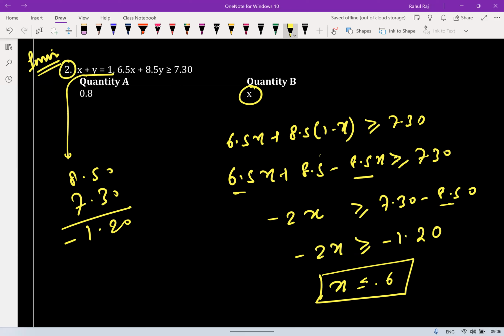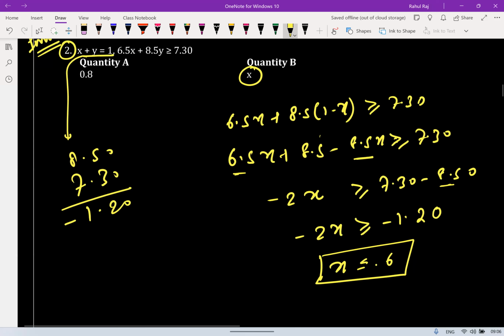Yep. But now can you see that you get x less than 0.6? How do you do 1.2 by 2 so fast? I'll just do minus x greater than minus 1.20 by 2.